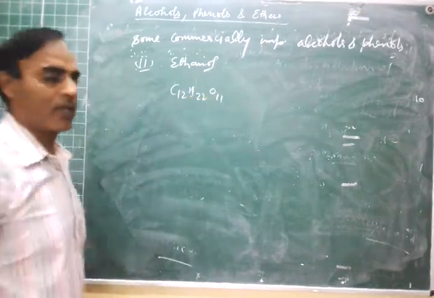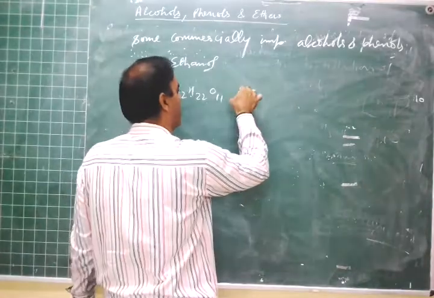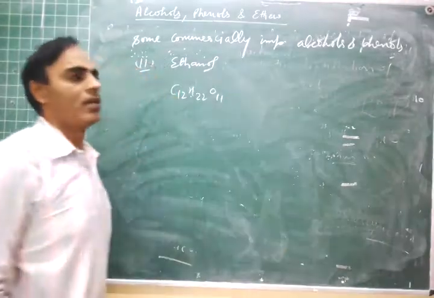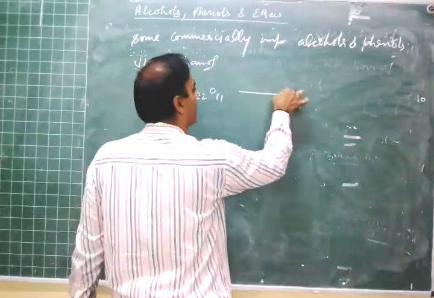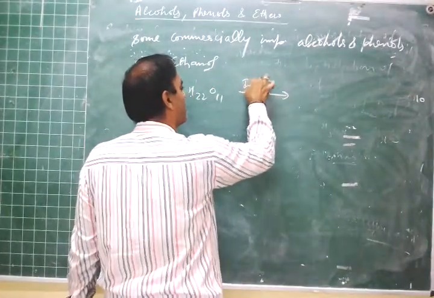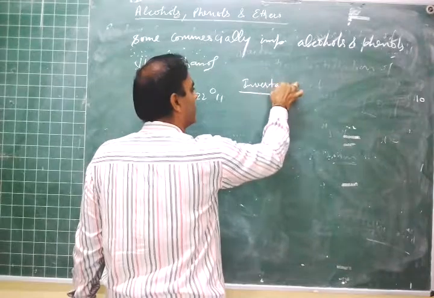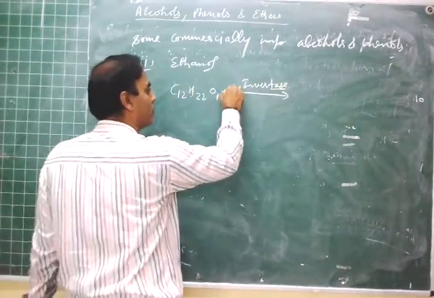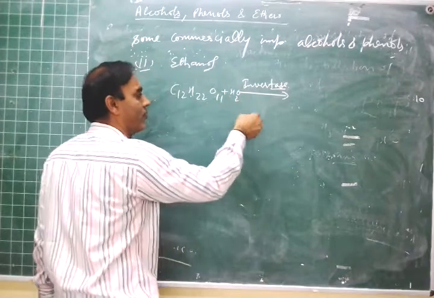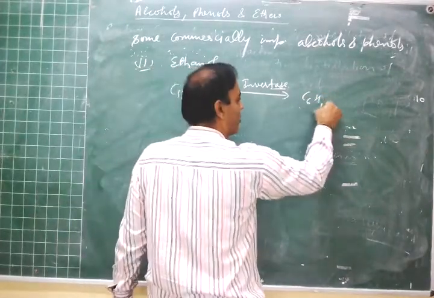This is the formula of cane sugar. It is now reacted with an enzyme, that is invertase enzyme, plus water, that will convert into glucose and fructose.